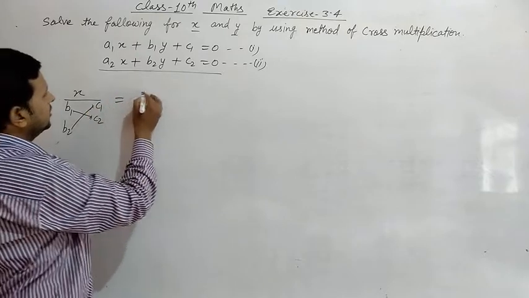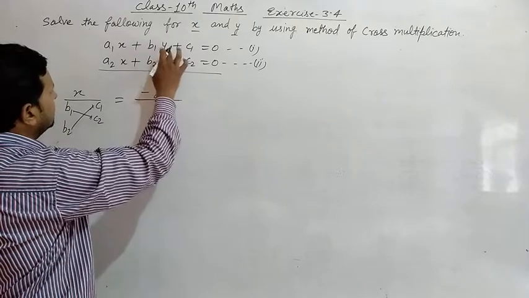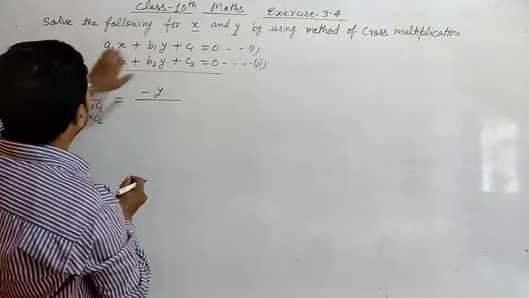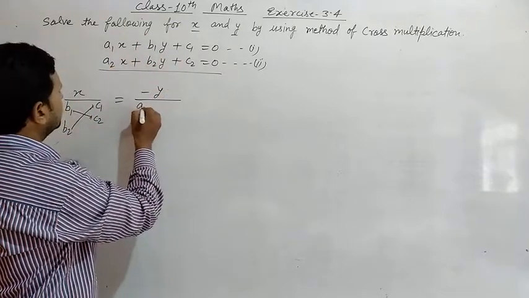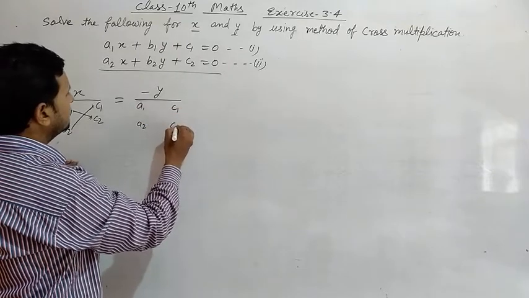Then minus y: this part is y, so we hide it and get here a1, a2 and c1, c2. It means a1, a2 and as here c1, c2.